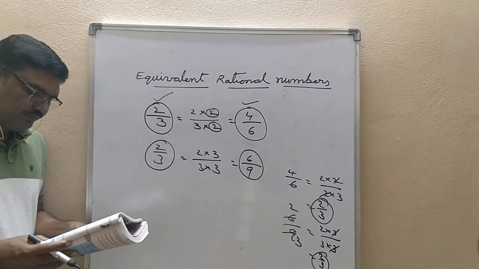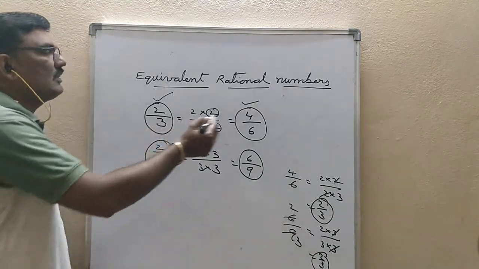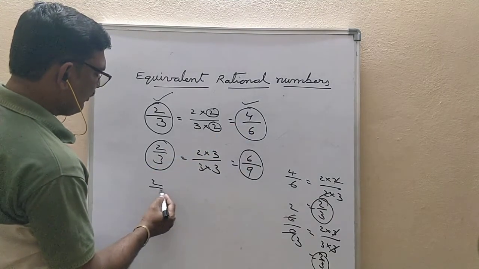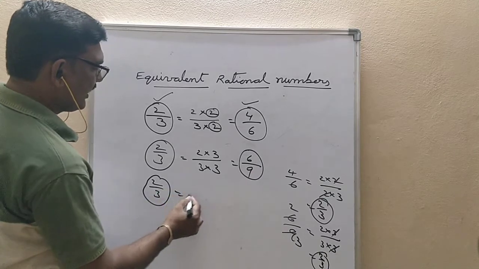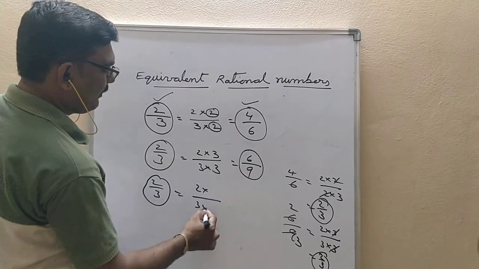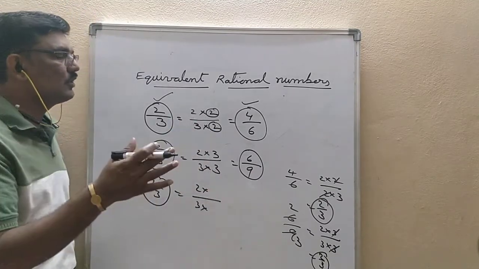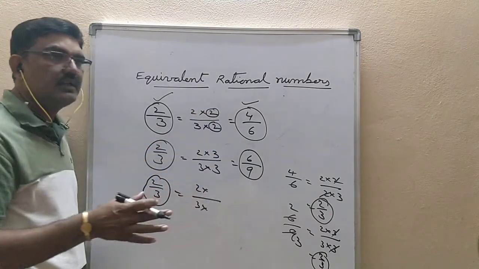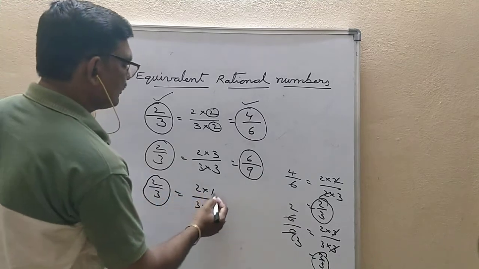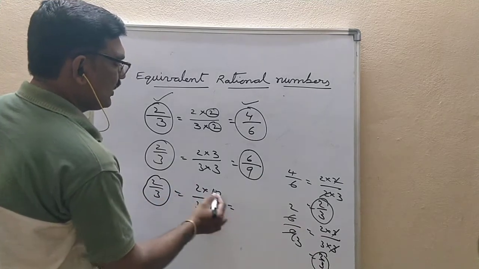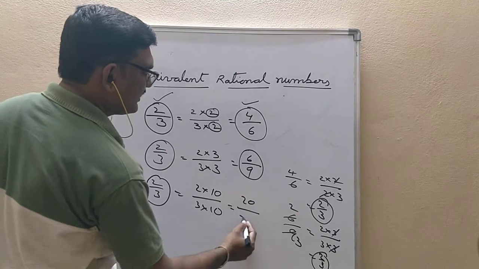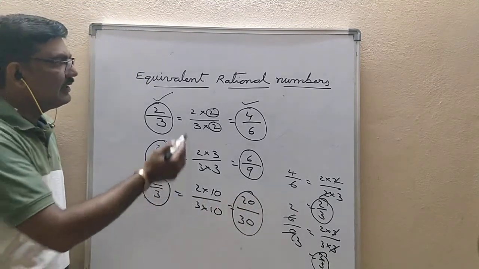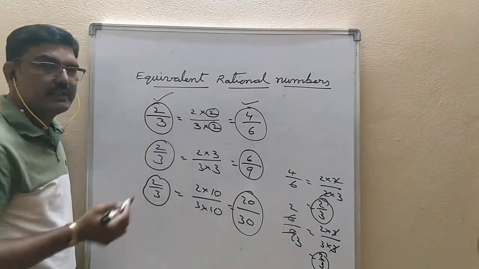Next, what do you have to do? He asked for 3 equivalent rational numbers. So I take the same 2 by 3 and multiply with one more number. There is no rule that you have to multiply with 2 only, 3 only, or 4 only. You can take 10 also. 2 tens are 20, 3 tens are 30. 20 by 30 is also an equivalent rational number for 2 by 3.